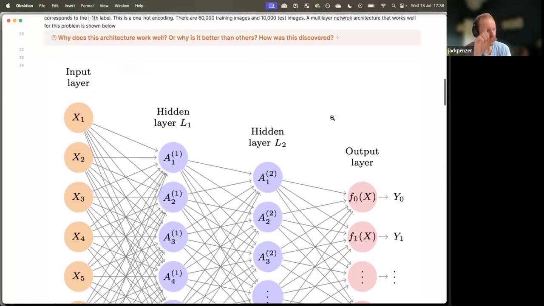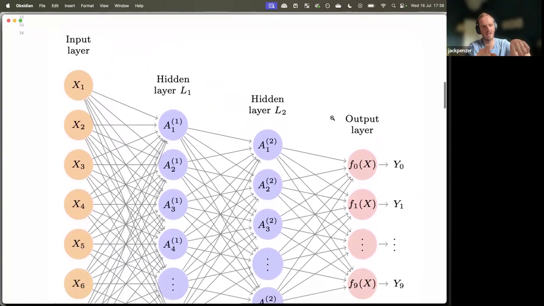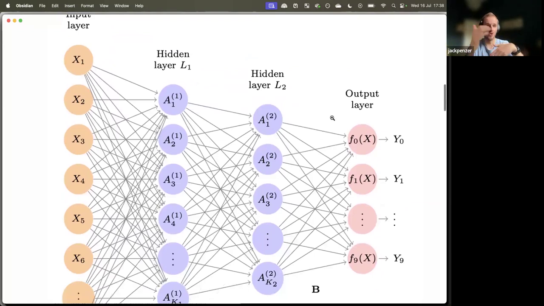But one thing I would say about the smaller, bigger, smaller layers is that even though it doesn't show it here, layers can skip in modern networks. So layer 4 can communicate with layer 1, or layer 2 or layer 3.